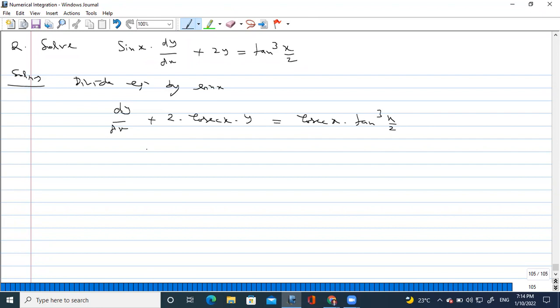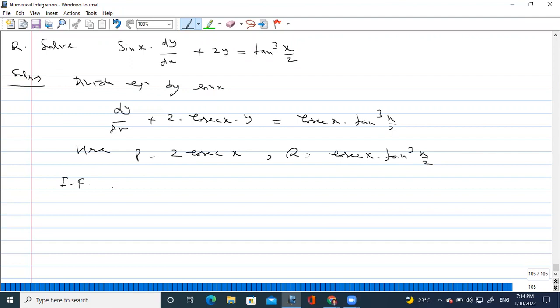Okay, so comparing it with the form dy by dx plus py equal to q, you will get here p will be 2 cosec x, q will be cosec x into tan cube x by 2. So this is the p.